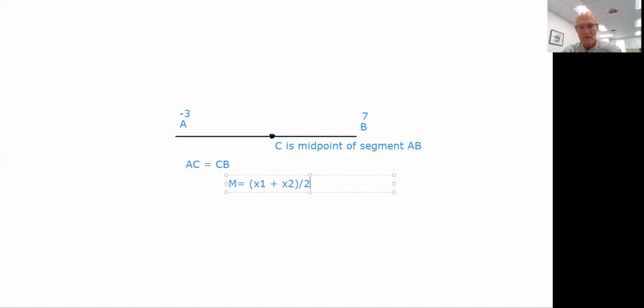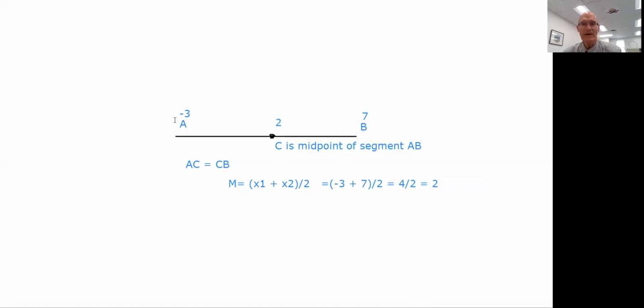So in this case, we get parentheses -3 plus 7 divided by 2. So that's equal to 4 divided by 2, which is equal to 2. Now, if you look, that means right here, the coordinates of point C are 2.